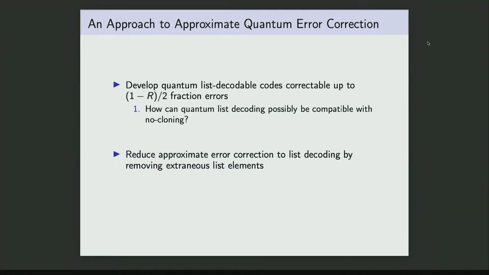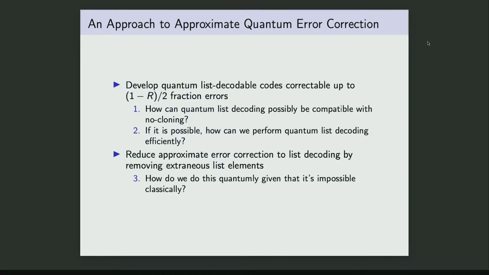Now there are some issues that come up. The first is, how could we possibly do quantum list decoding? The whole premise of list decoding seems to be that we output a list of messages which are all correlated with the true code word. And quantumly, this just seems impossible by no cloning. We want a list of quantum states that are all correlated with the true state. That sounds pretty hard. If it is possible, we still need to do this efficiently.